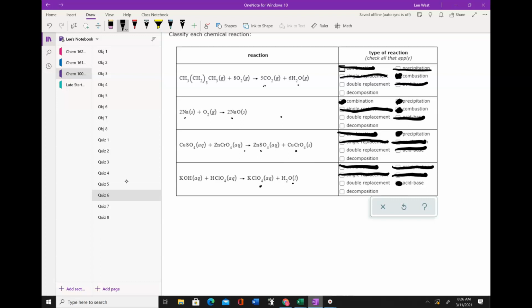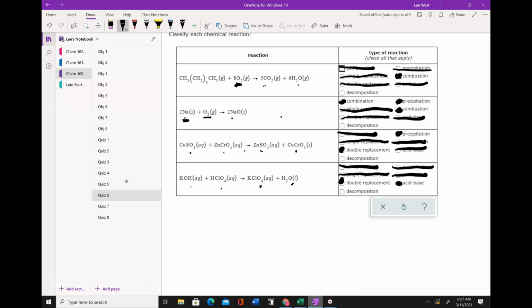Double replacement is two compounds reacting to form two new compounds. This is not a compound, so it's not double replacement. Compound 1 and compound 2 reacting to form compound 3 and compound 4, it's a double replacement.